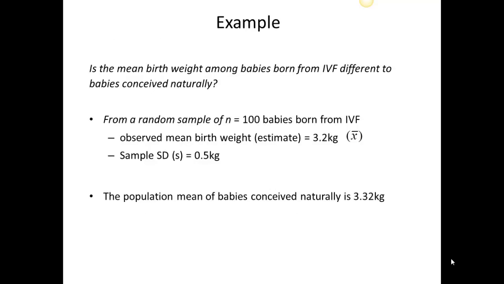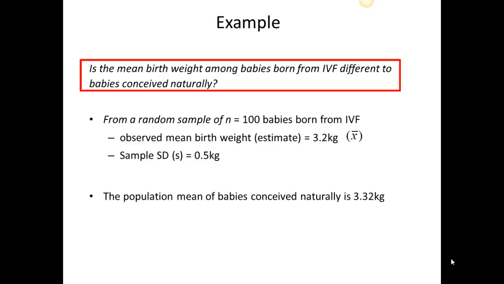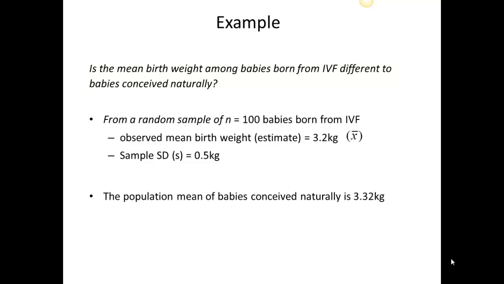So let's use the same example. We want to know whether babies born from IVF have the same birth weight as babies conceived naturally. We've got a random sample of 100 babies with a sample mean of 3.2 kilograms and a sample standard deviation of 0.5 kilograms. We know the population mean of babies conceived naturally. This is 3.32 kilograms.